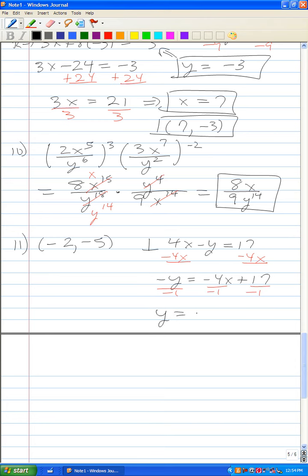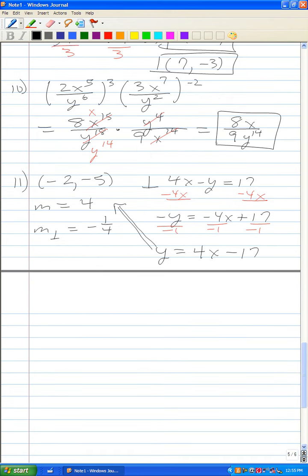So y equals 4x minus 17. And so that implies that the slope of this line is 4. Therefore, the slope of a line perpendicular to it is -1/4.